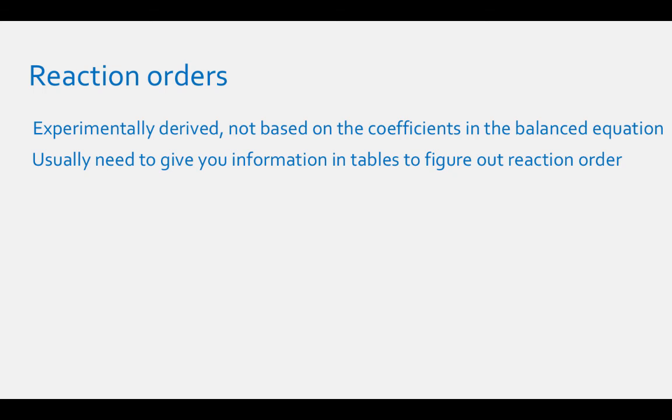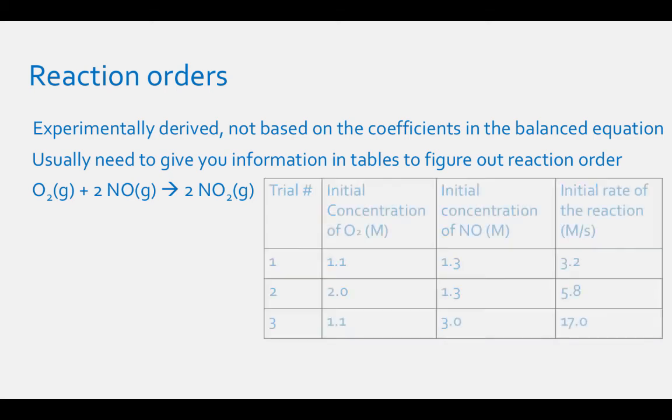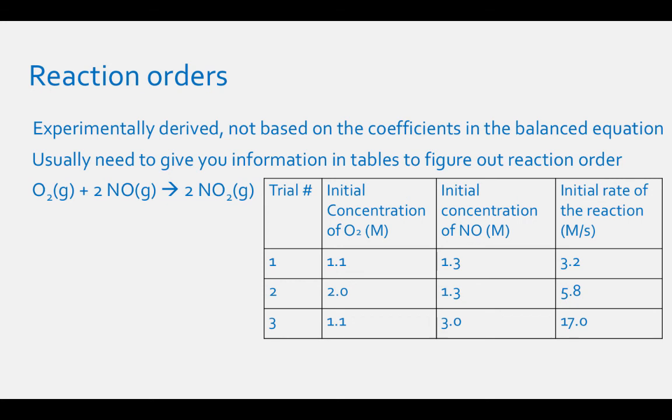Usually, they will need you to give lots of information about initial rates and concentrations of the reactants to solve problems of this sort. For example, we have this reaction for the formation of NO2: O2 gas plus 2NO gas results in 2NO2 gas, and we have this data describing this reaction.